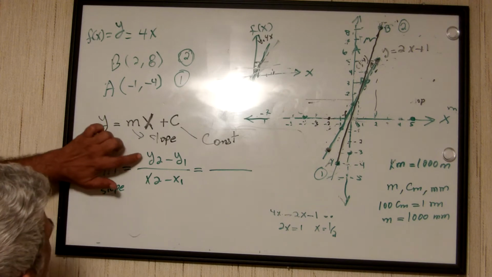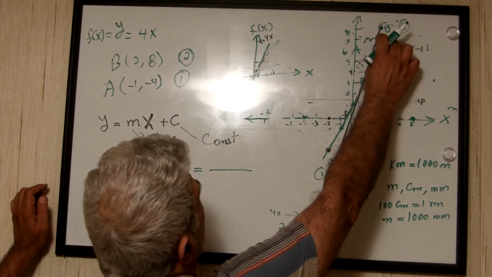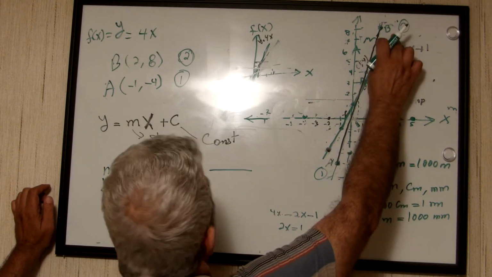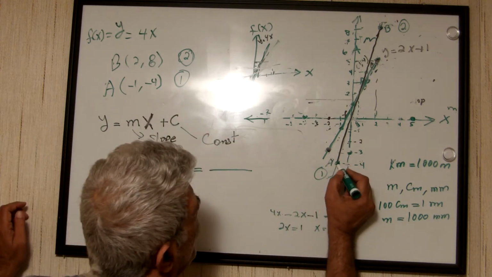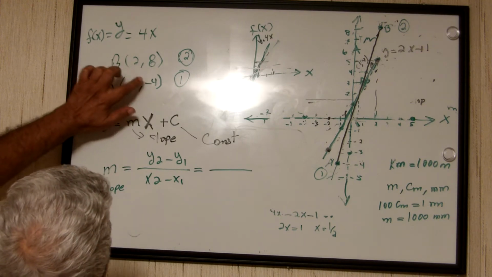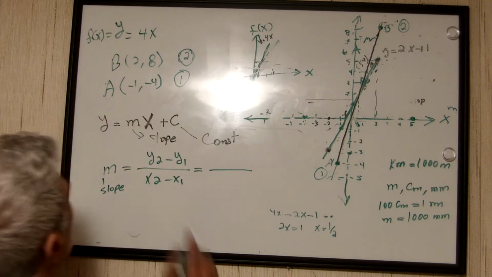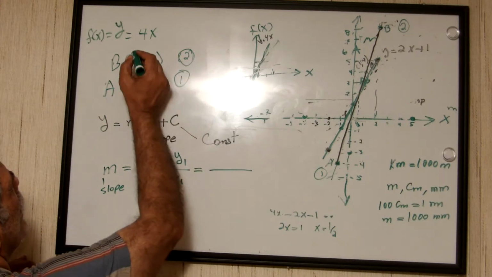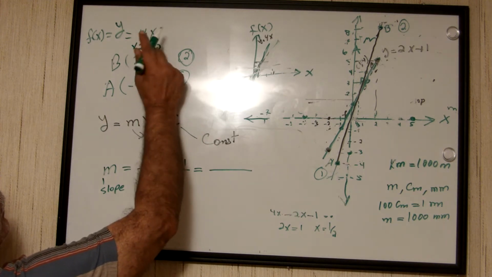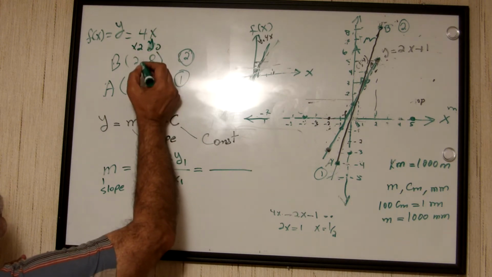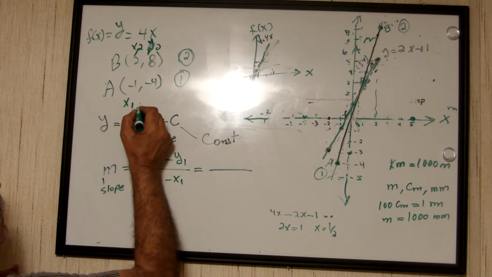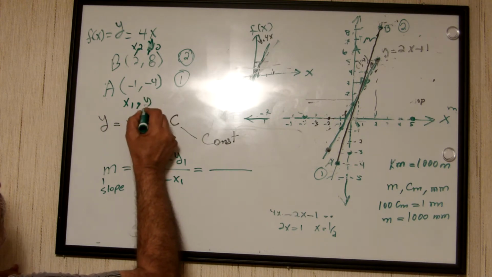We say point 1 is here, and point 2 is there. So A is point number 1, and this is point number 2. Point number 2 has x2, y2. This is x2, this is y2, and this is x1 and y1.